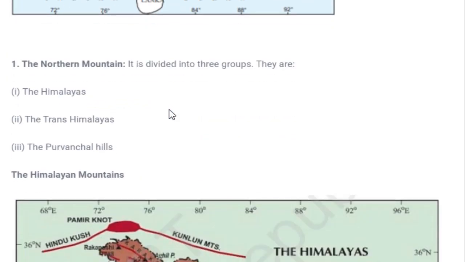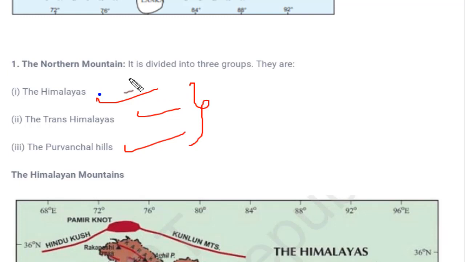It's not that there is only one segment here. It is divided into 3 groups. The first group is the Himalayas, the second group is the Trans Himalaya, and the third group is the Purvanchal Hills. We will cover all these 3 groups individually and see which important mountains lie in these areas.